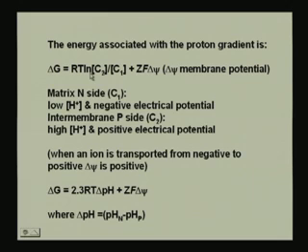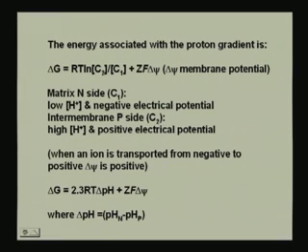What is your product in this case? It is going to the intermembrane side. So, it is C2 by C1. You have a ZF delta psi, which is nothing but your nFE. It is the potential. Now, when you consider the low H plus concentration and the high H plus concentration, you can link the logarithm of the hydrogen ion concentration with the pH, right.